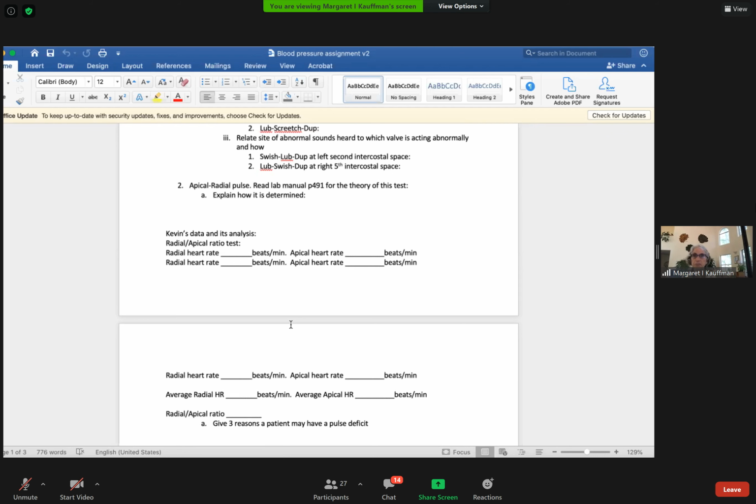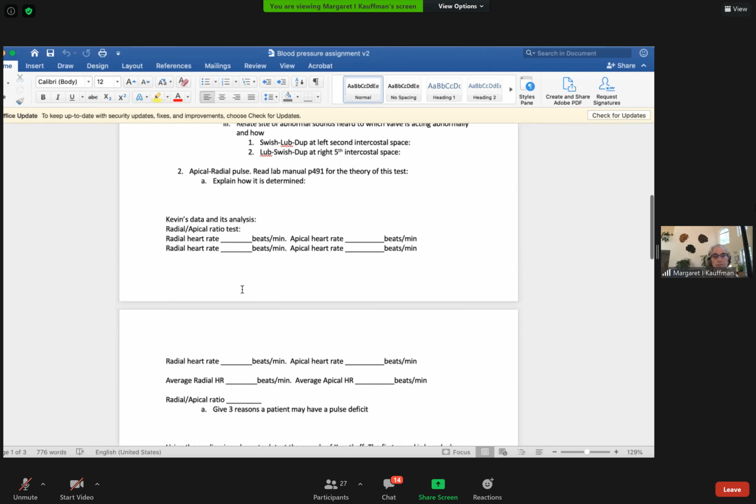Therefore you might not be able to feel every one of the beats. It's not that they're not there, it's just that they're weak enough you can't pick them up with your fingers, and that would drop the radial pulse relative to the apical.